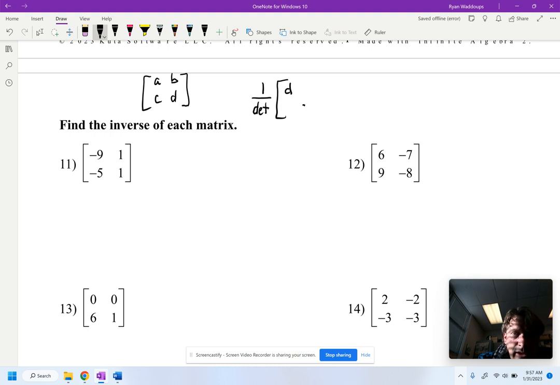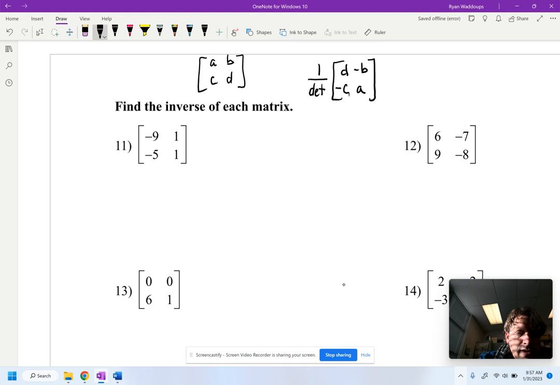D goes here and A goes here. Then we take the negative of the others, negative B and negative C. And when we multiply that by the 1 over the determinant, it's the same thing as taking the determinant and dividing it into each term.